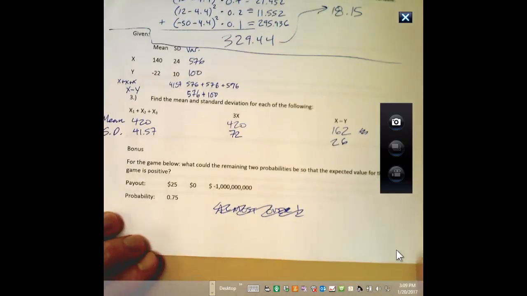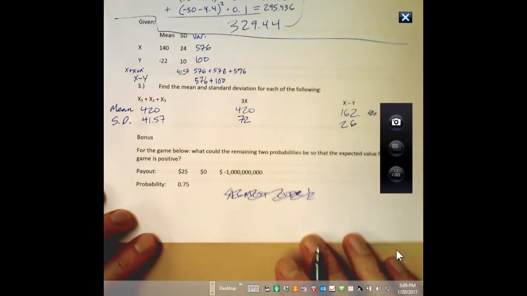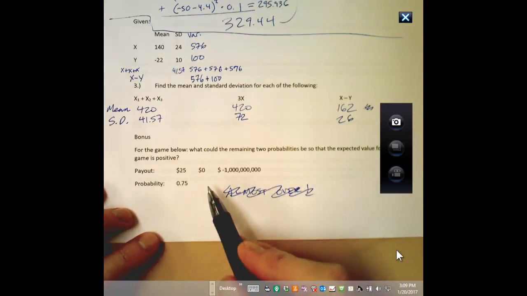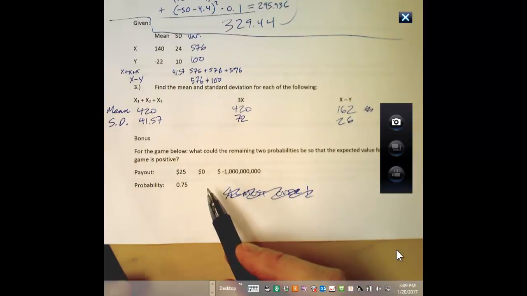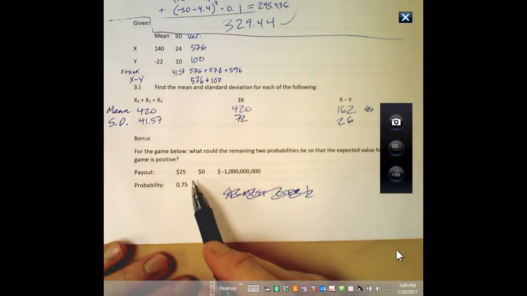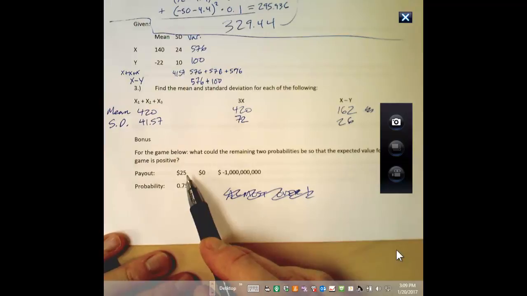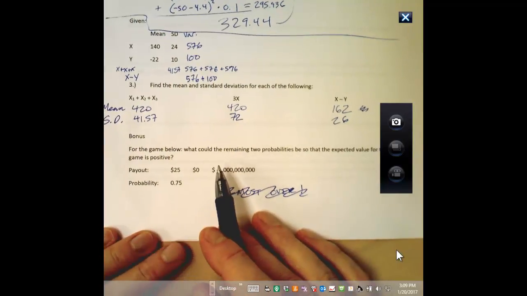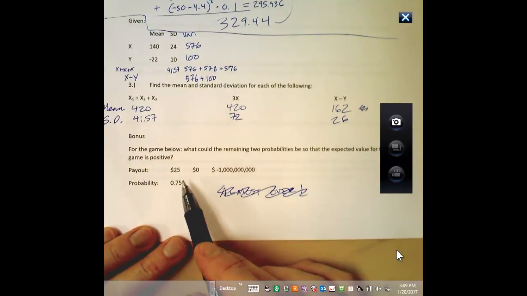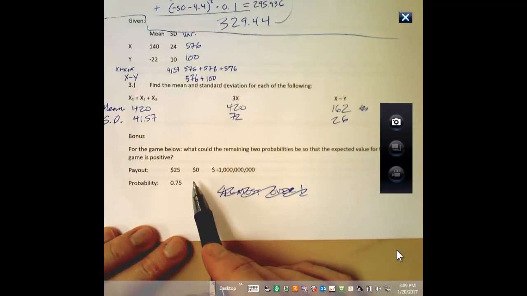Okay, almost there. One more thing, this bonus. Now, a student actually came up with this idea last year, and I thought it was one of the funniest things I've ever heard. The idea that there could be a casino game where it has an overall positive expected value, but it's almost a guarantee that you'll come out ahead.